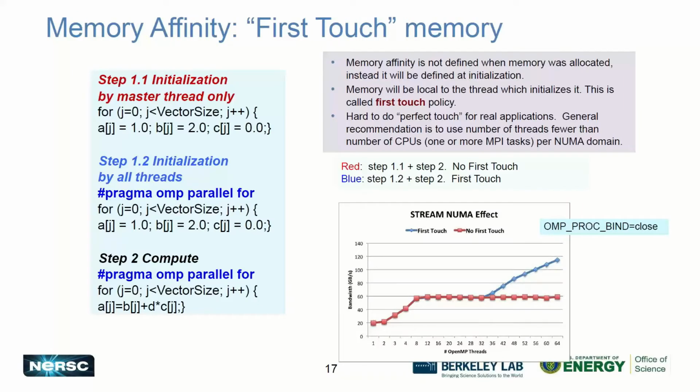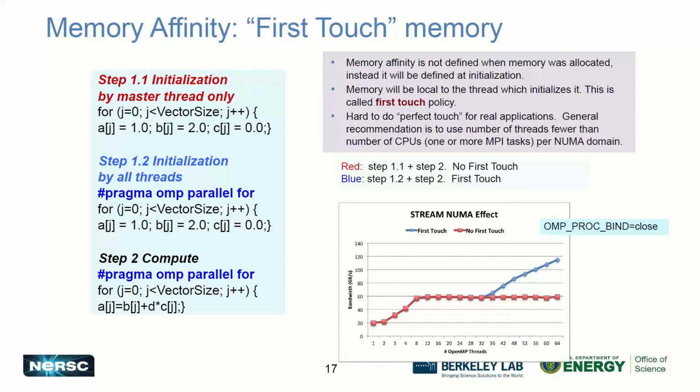I want to talk about first touch memory for memory affinity. In this example, you have a number of OpenMP threads for, say, a parallel loop, and each thread will be responsible for a portion of those arrays.